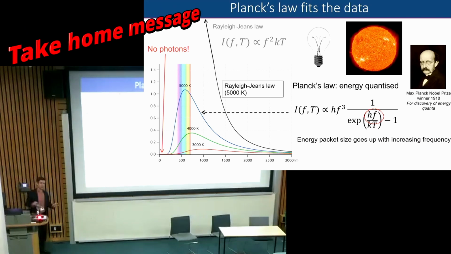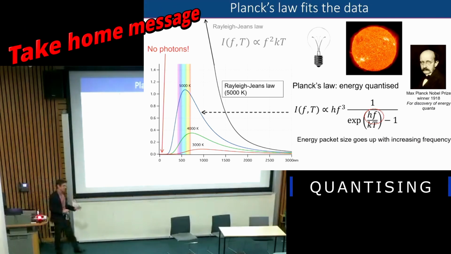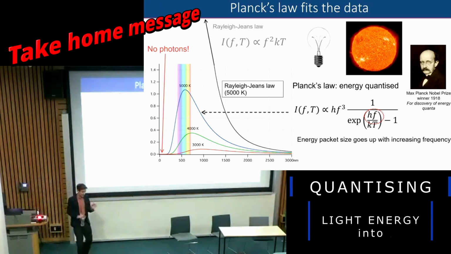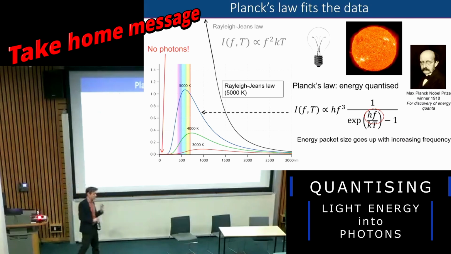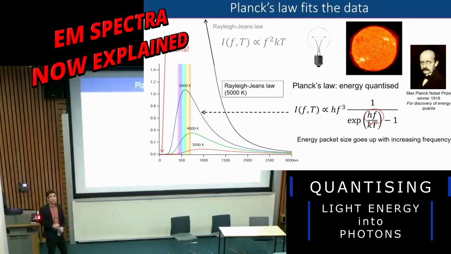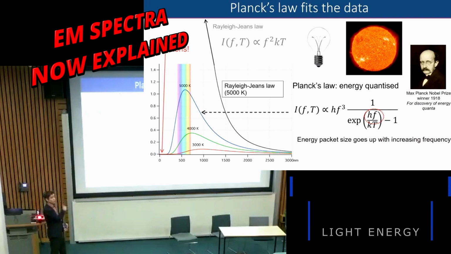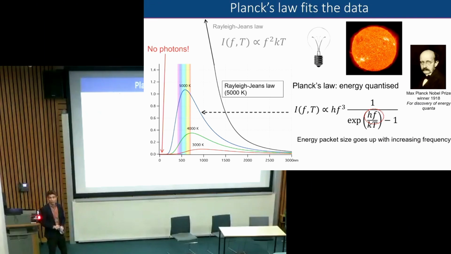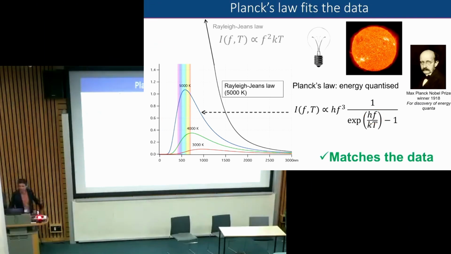The take-home message is that by quantizing light energy into packets, photons, Planck was able to explain the experimentally observed emission of radiation from objects at temperature T. If you don't have that quantization, then you end up with a very wrong answer. So this matches the data. Great news.